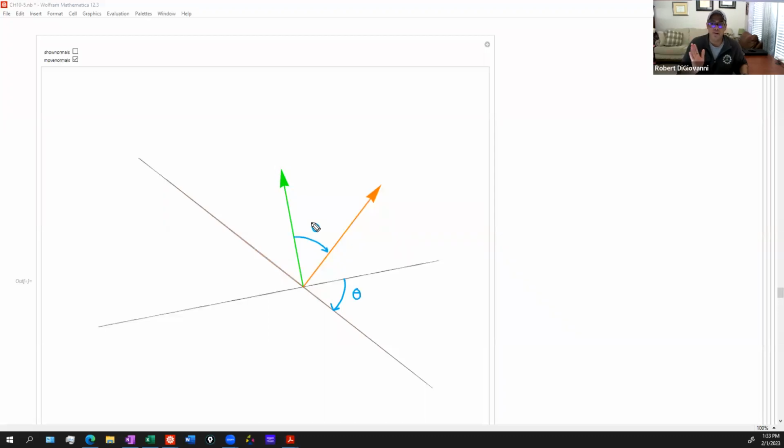The normal vectors are perpendicular to the planes, so they're off by 90 degrees, but both of them are off by 90 degrees. So whatever the angle is between those normals should be equivalent to the angle between the planes. So that's what we need to do.